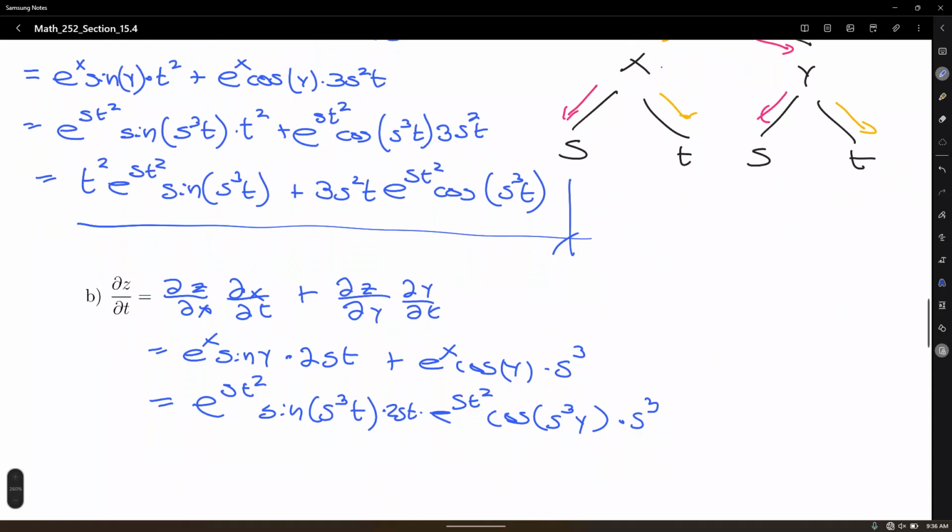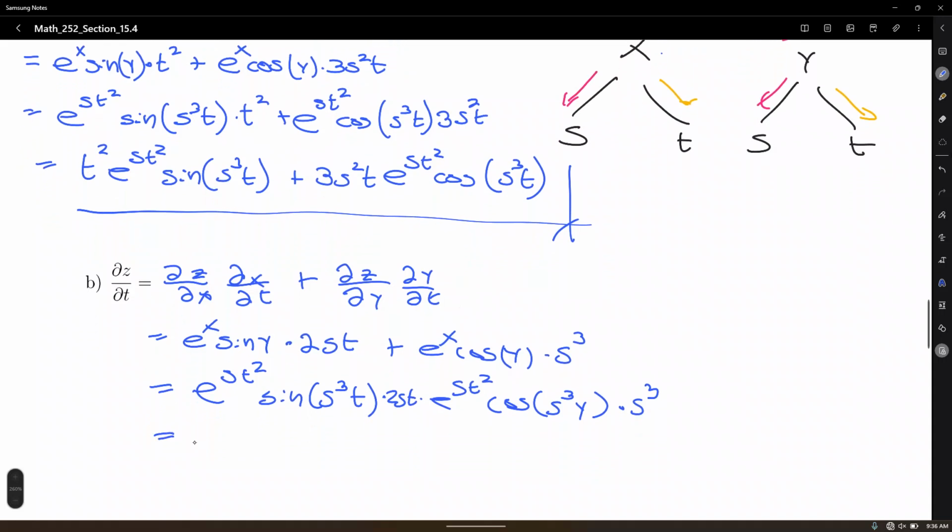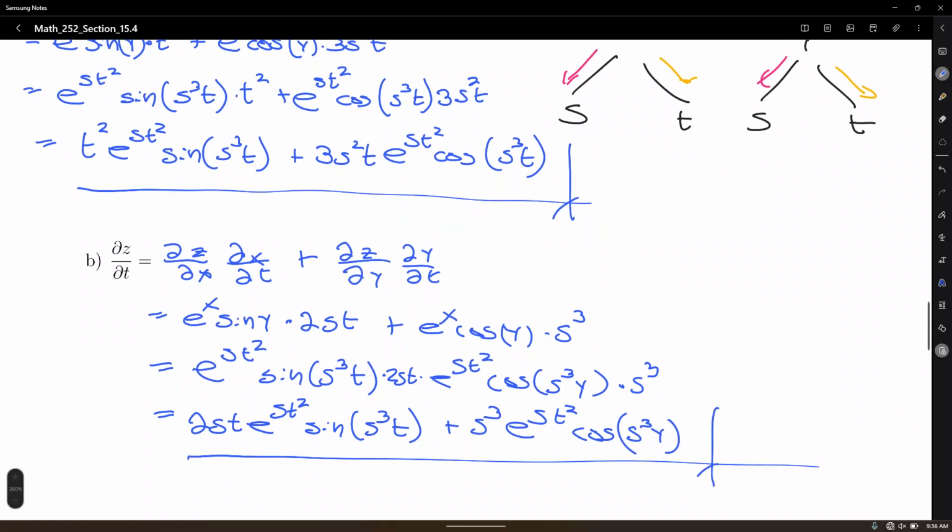Let me just write those 2st and the s cubed in front of the exponential. 2st e to the st squared sine s cubed t plus s cubed e to the st squared cosine s cubed t. Should the y be changed to s cubed t? Yeah, t, I don't know why I was sticking with y. Thank you. So that is our result in terms of s and t.